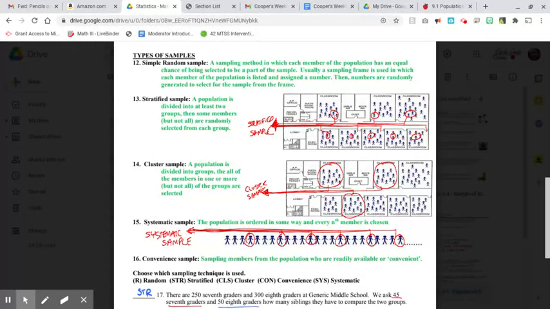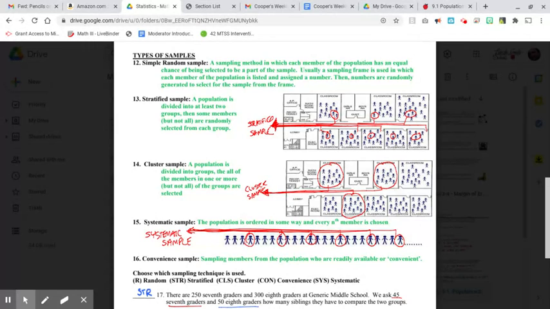Let's say I pick the right, and that means I then have to sample all the people from the right. So that's the difference because that's a cluster. In a stratified sample, if I split them into groups, then I still randomly select people from each group. In a cluster sample, if I split them into groups, then I actually select all the people from just one group.